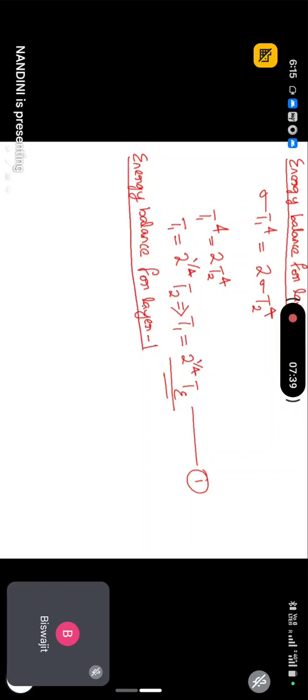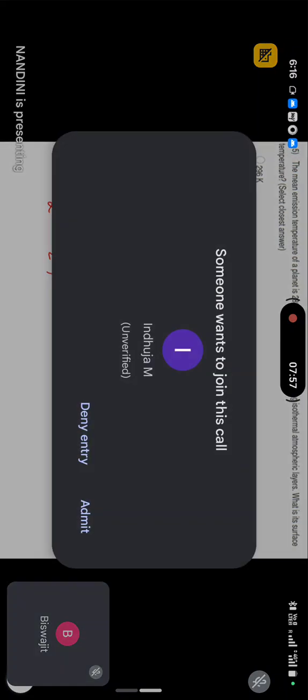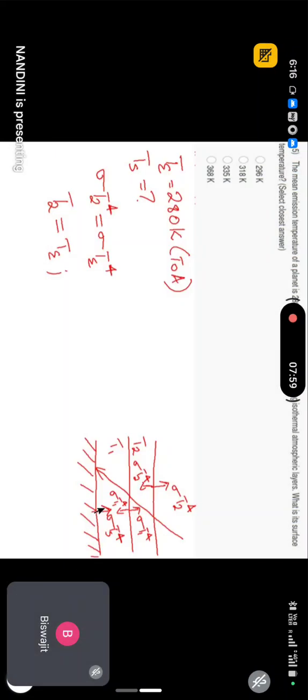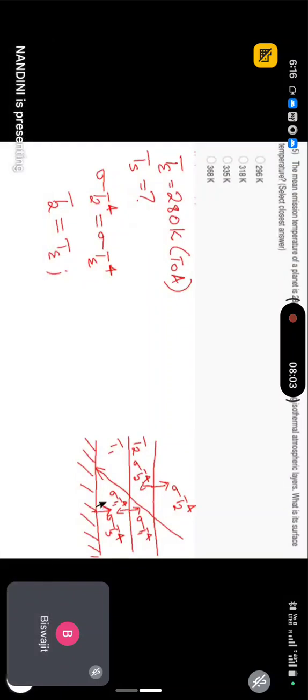So for the first layer, just this particular layer, there are two incoming radiation that the layer is absorbing. One is sigma Ts raised to 4, which is coming from the surface.